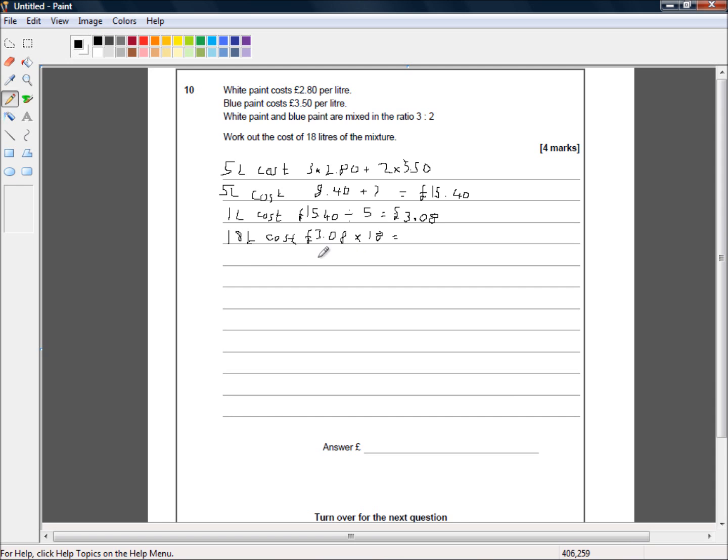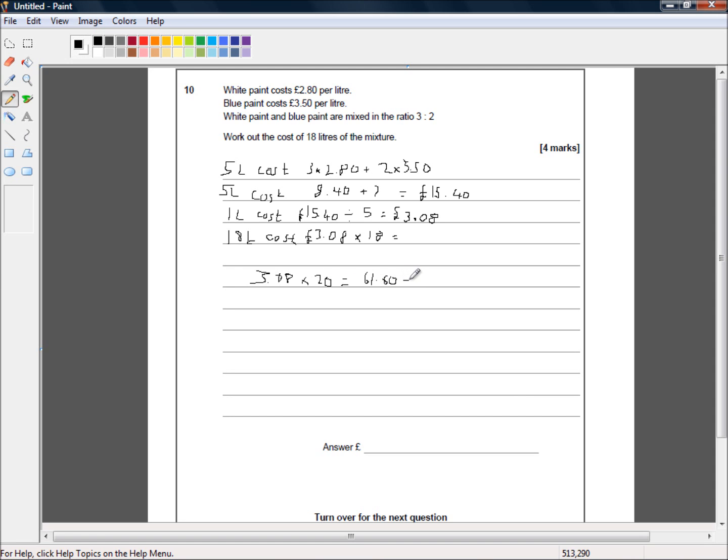And what I'm doing now is, so 3.08 times 20 is equal to, well, 3.08 times 2 is 6.16, so multiply that by 10 is 61.6, so that's £61.60.